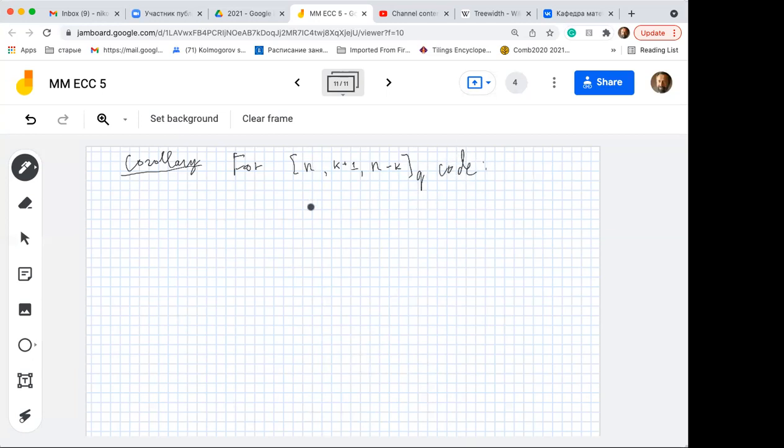And the corollary is that the Reed-Solomon code with these parameters is list decodable: the number of errors we can correct is n minus square root of nk, and the list size is linear, 2n plus 1.